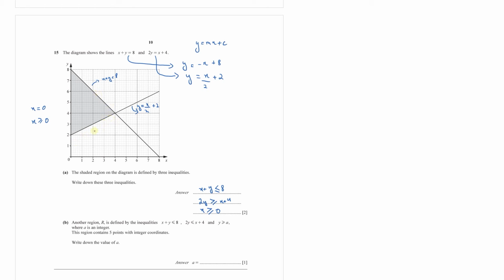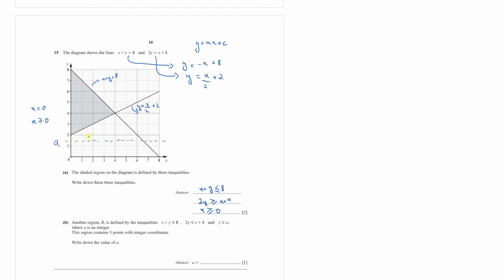So this becomes this whole region which is below these two lines. And our third inequality is y is greater than or equal to a, which means it's a horizontal line somewhere, and the y value here would be a.